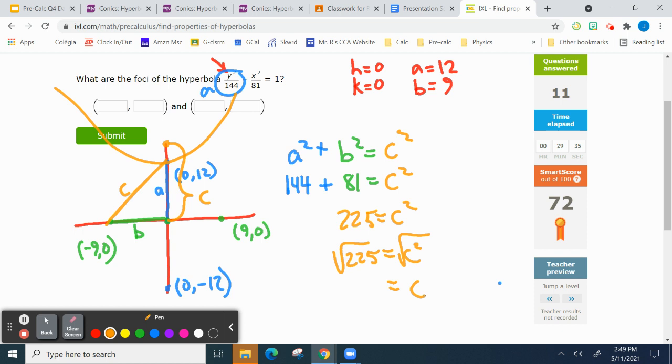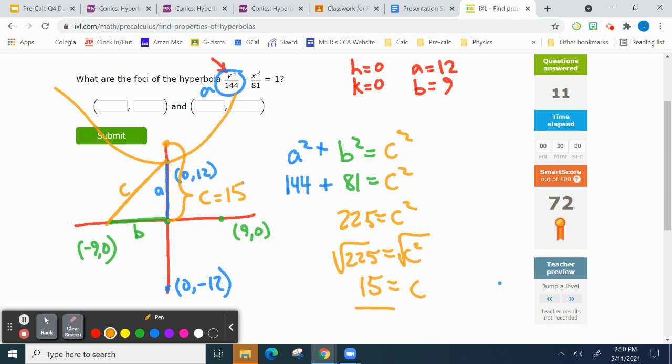Nope. I think I checked that, huh? 15. So 15 equals C. So now we're looking for 2 points that are 15 away from the center, right? C equals 15. And the center is 0, comma 0.